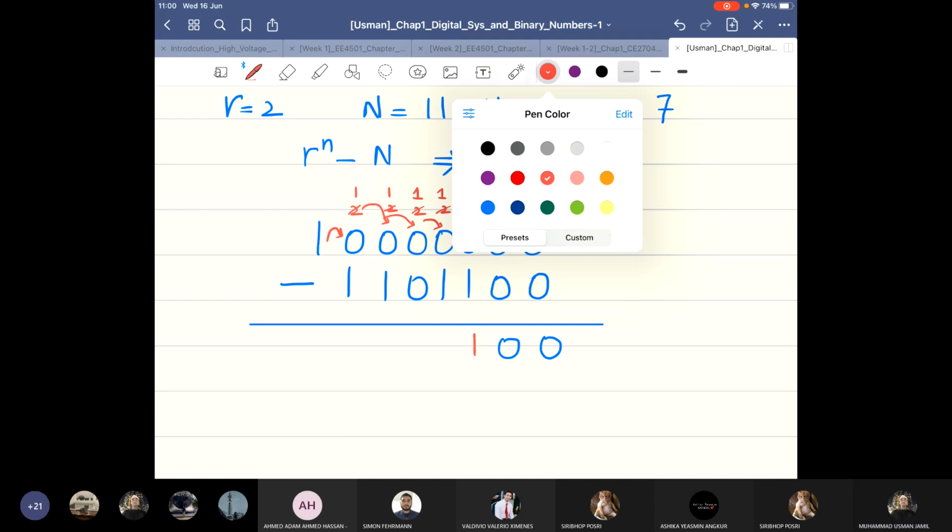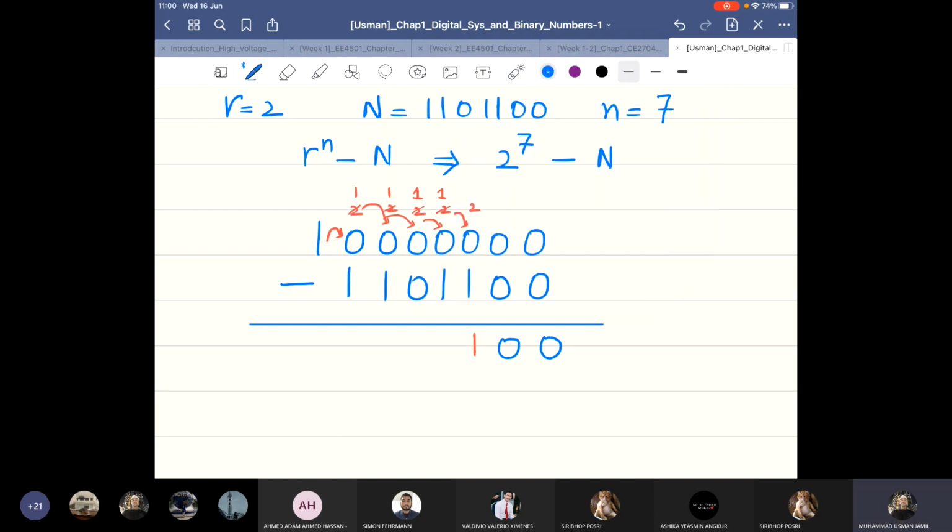Then you can see now this 1 minus 1 is 0. 1 minus 0 is 1. Then 1 minus 1 is 0. Then this red one 1, this 1 minus this 1 is 0.